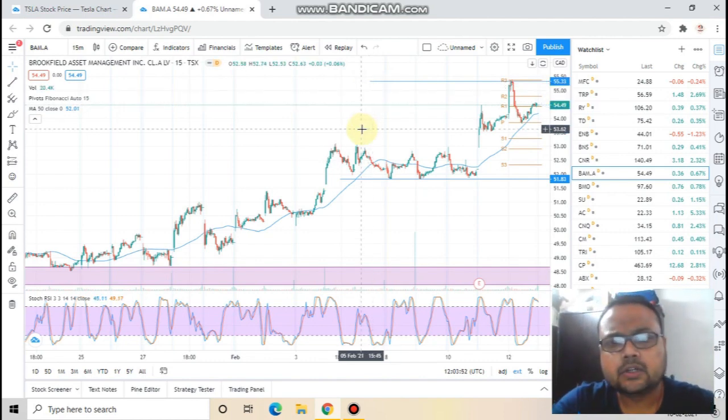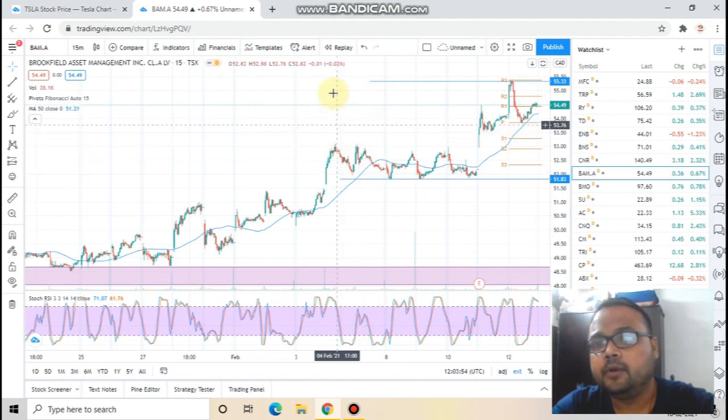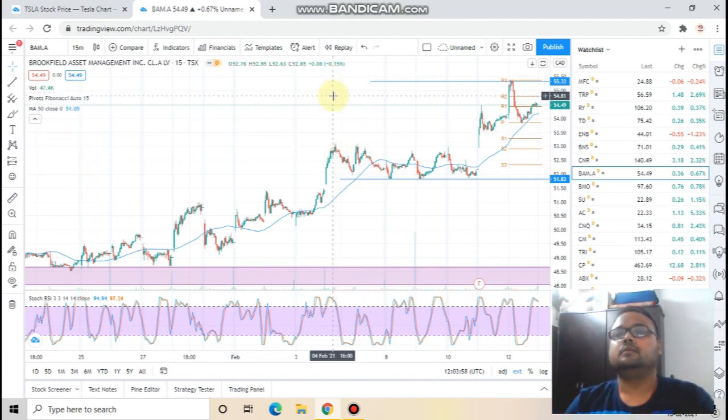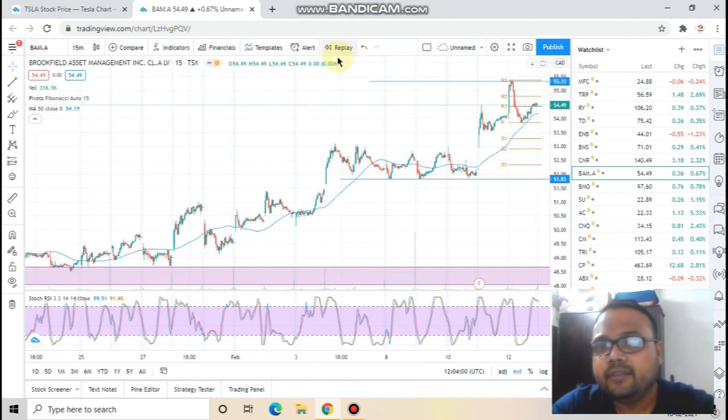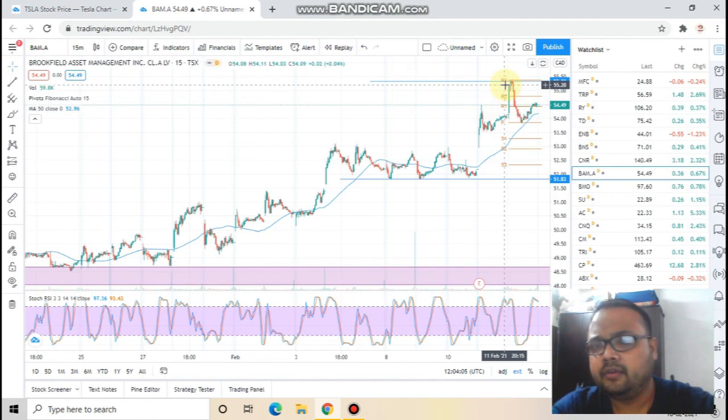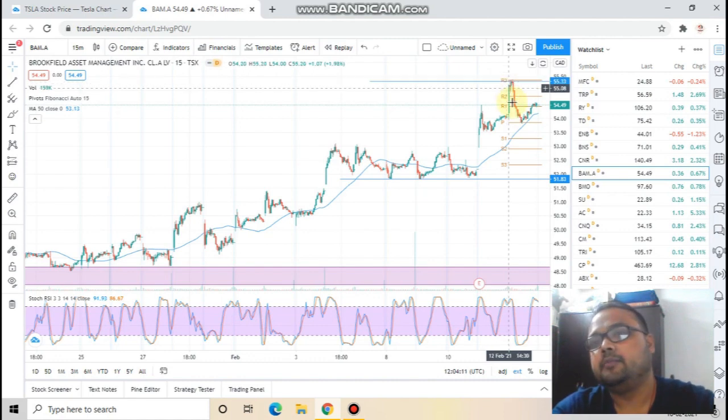and it has a good support at 51.83. In the previous trading session, it made a high of 55.33 or 35, and the price failed to sustain there and it just came down.